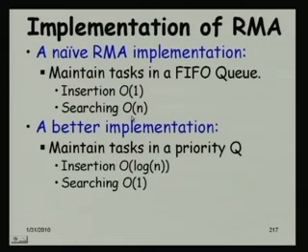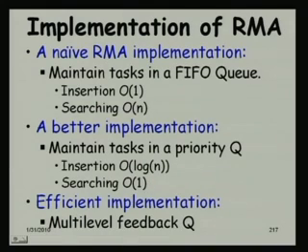Considering the number of searches you have, it is very inefficient. A better implementation would be to maintain a priority queue, and here insertion is O(log n) and searching is O(1).